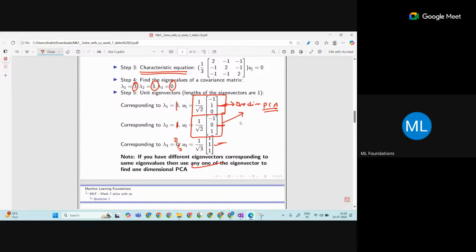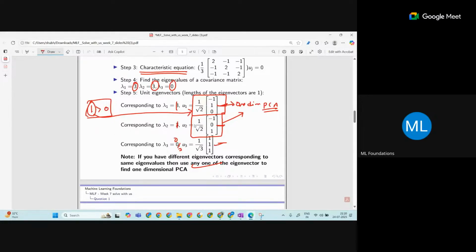Why is it so? Because we first arrange the eigenvalues in decreasing order, so 1 and 0. According to that, we choose the top eigenvalue and the corresponding eigenvector.